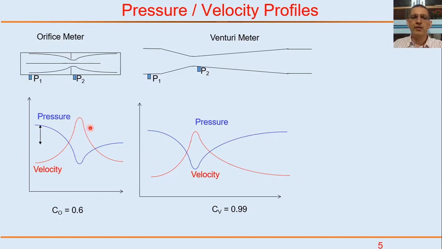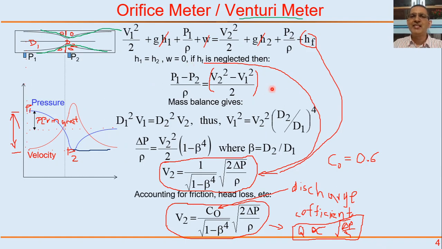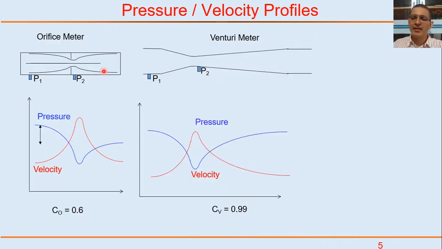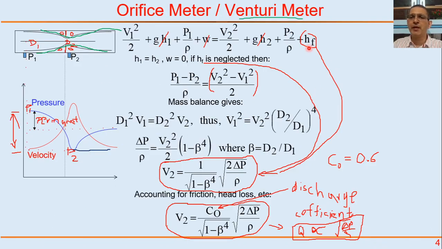Velocity always comes back automatically. There is no difference in the velocity here and here. That's based on material balance, steady state. But pressure can now recover as much as the actual value. So the permanent pressure drop will be practically negligible, and if the vortices are negligible, it is equivalent to saying that this HF is practically zero.